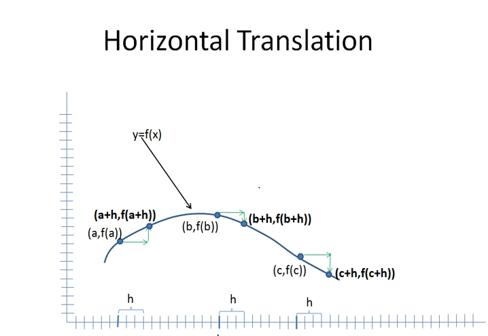We can't do this directly, so we first locate the 3 points on the original graph with those outputs. That is, (a+h, f(a+h)), (b+h, f(b+h)), and (c+h, f(c+h)).